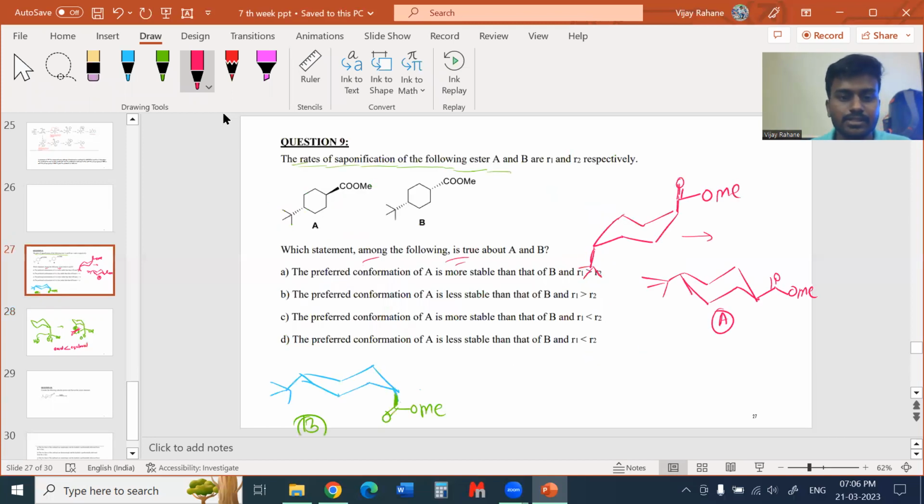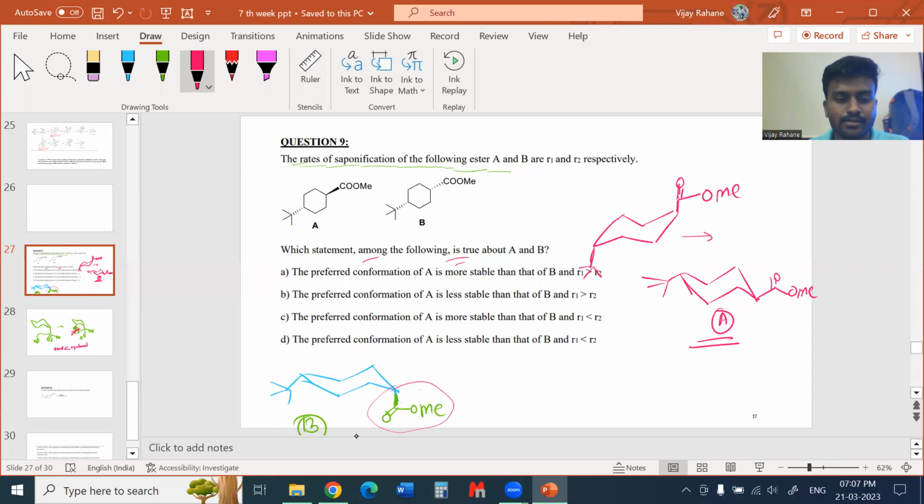So the correct one is the more stable one. If you compare the stability of these two, the first one is more stable than this one, A, because in this one both are at equatorial positions. In the other one, this is at axial position.